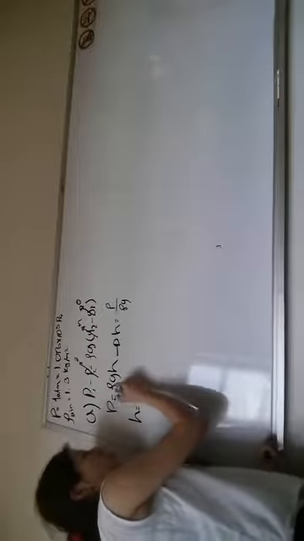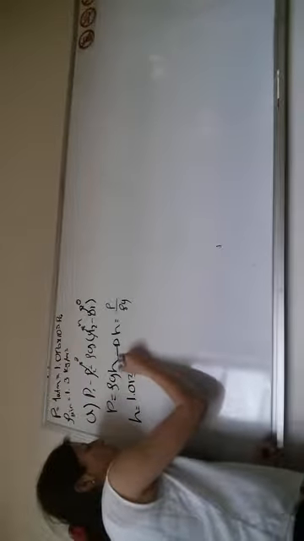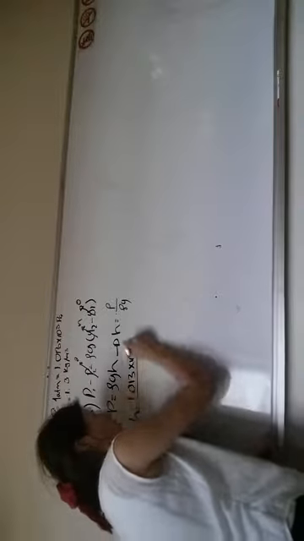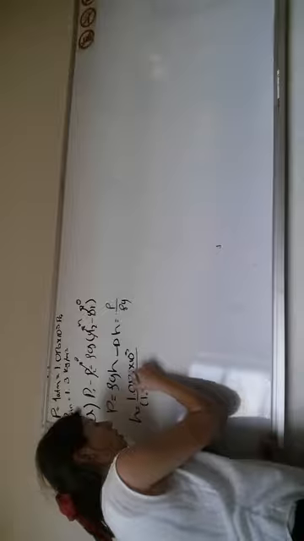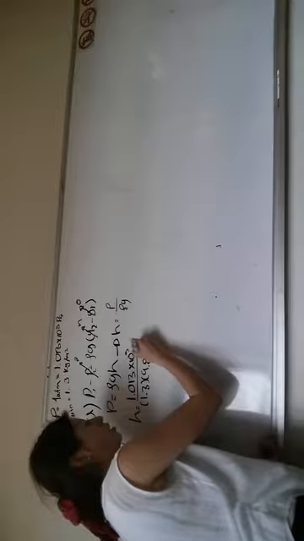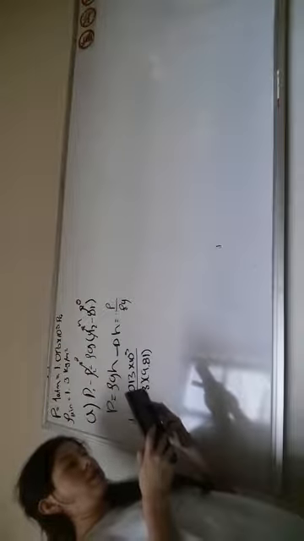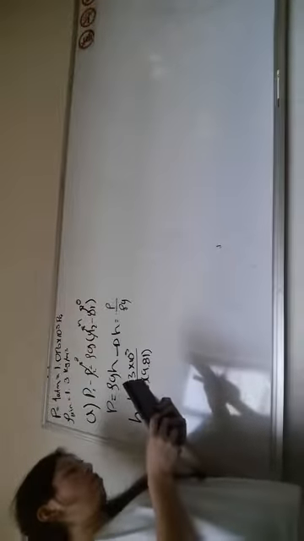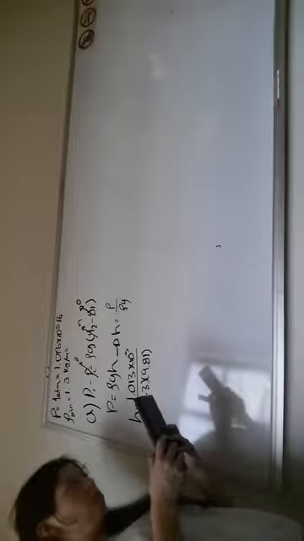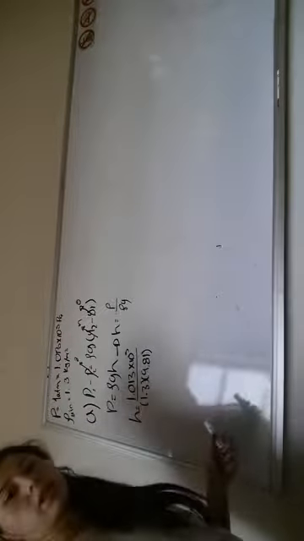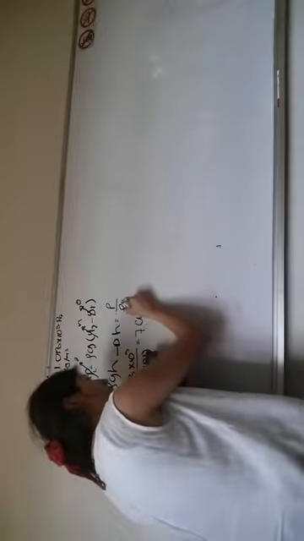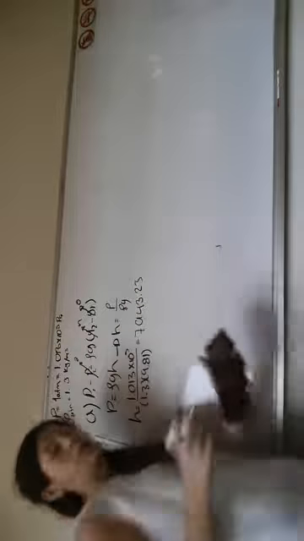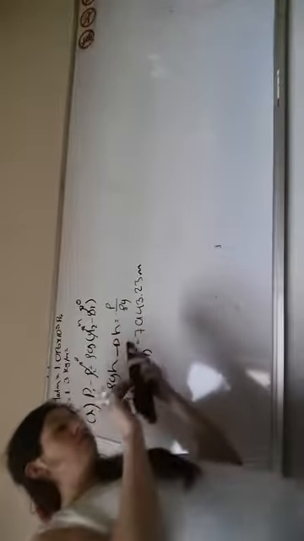So H would be 1.013 divided by 1.3 times 9.81. If we solve that in our magic calculator, it gives us 7,943.23, but that's in meters, so we have a big number.